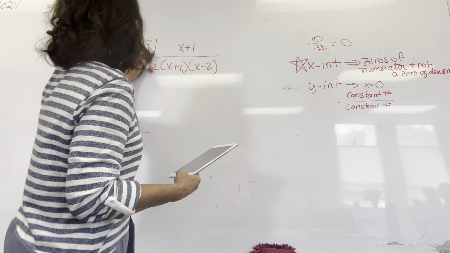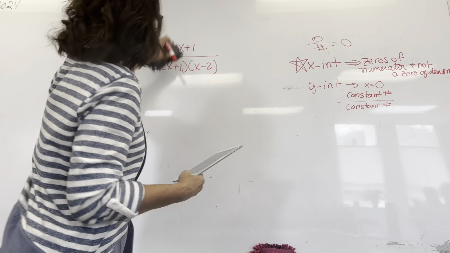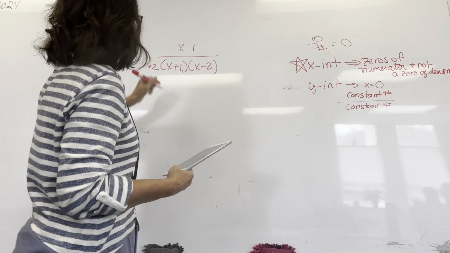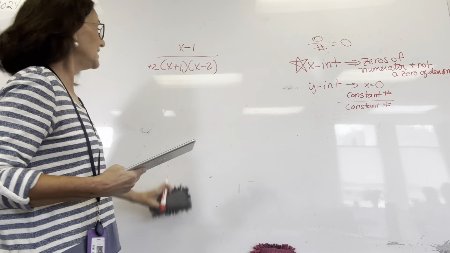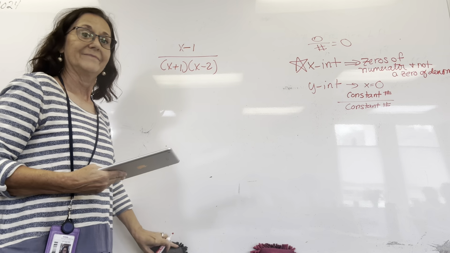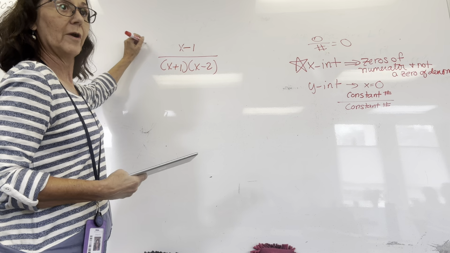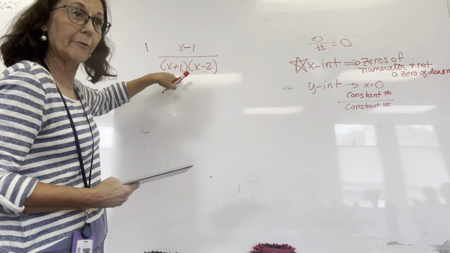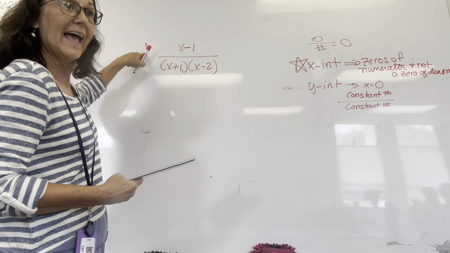Now, if I change that, then we have a 0 of the numerator of 1. That's not a 0 of the denominator. That's an x-intercept.